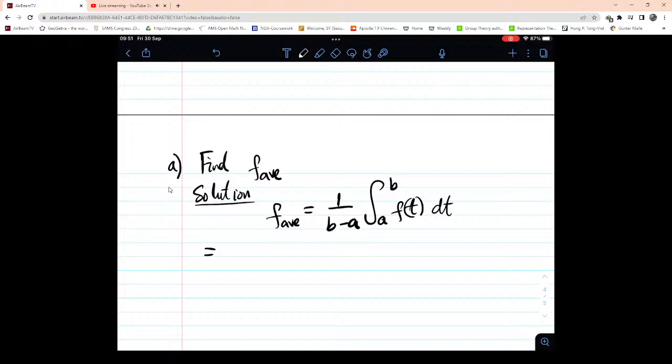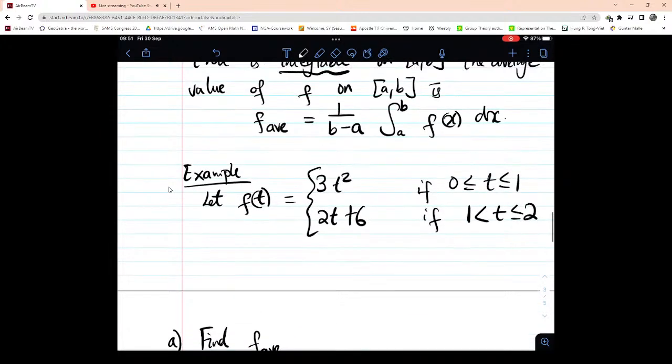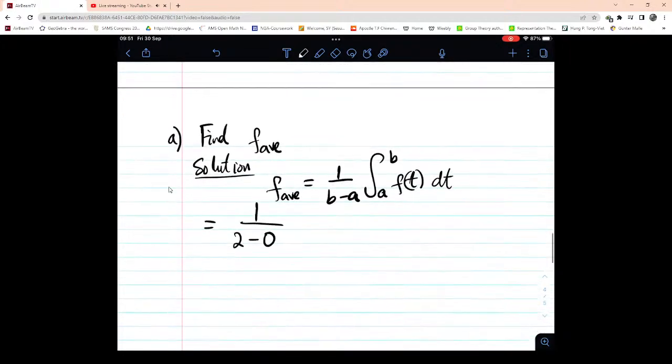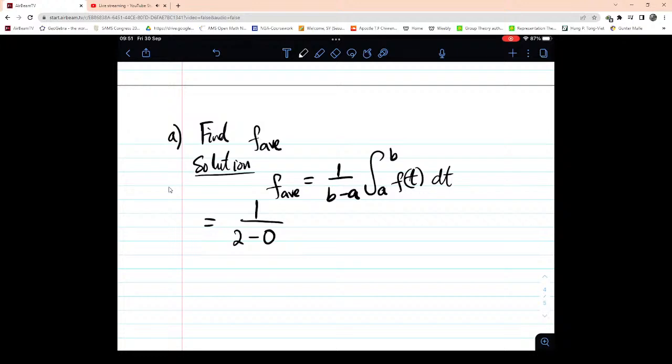And this is equal to 1 over 2 minus 0. If you look at the interval here, it is 0 to 2, that's where f of t is defined. So we've got 1 over 2 minus 0 of the integral from 0 to 2 of f of t dt.